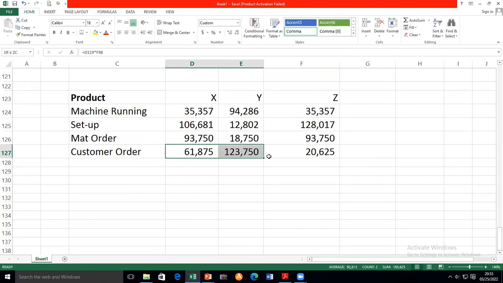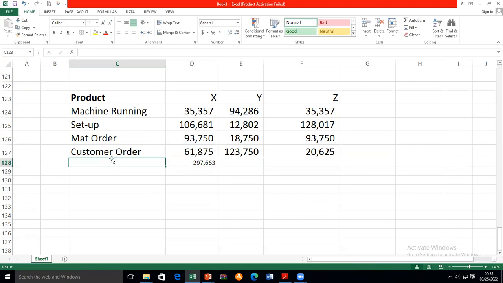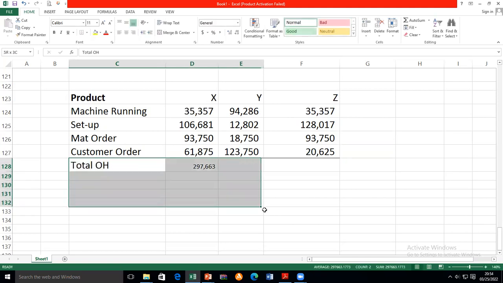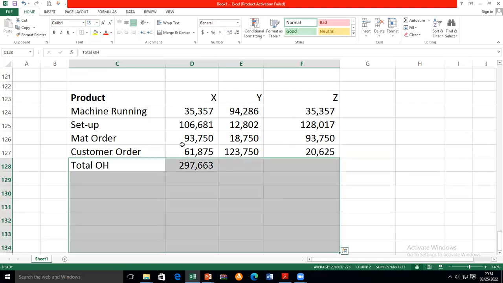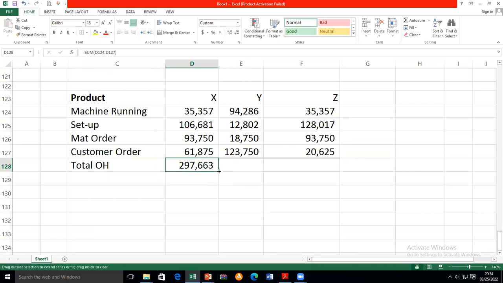So with that now, we can come here and say, okay, the overheads are all here. These are the total overheads that we have.